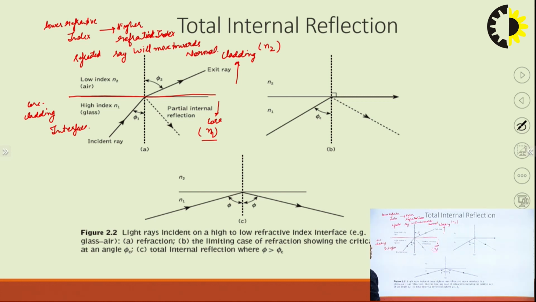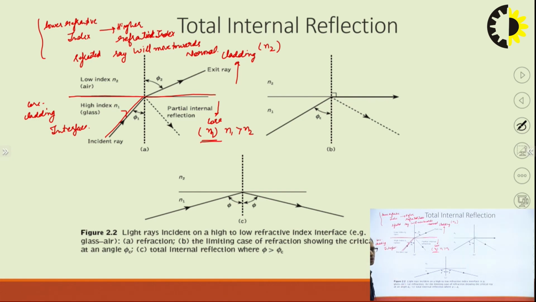Clear? But if a material has a refractive index N1, which is greater than the refractive index of the other medium, N2, and the ray is transmitted from higher to lower refractive index, the ray will move away from the normal, which is opposite to the previous case.